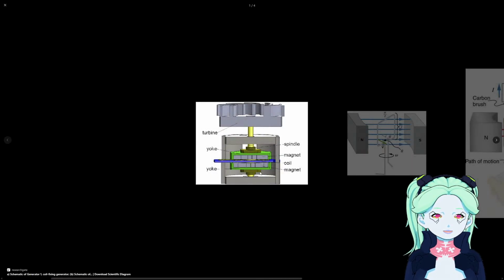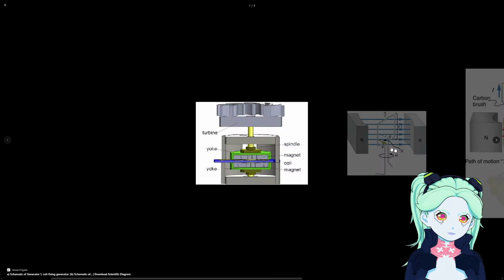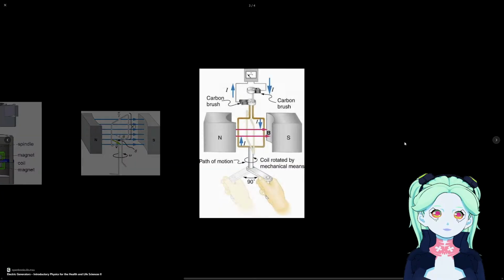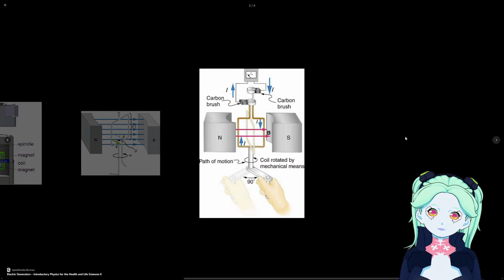Okay, so here's a turbine. Here's a coil. This coil is rotating like this. Okay. Crank, path of motion. Coil rotated by mechanical means.